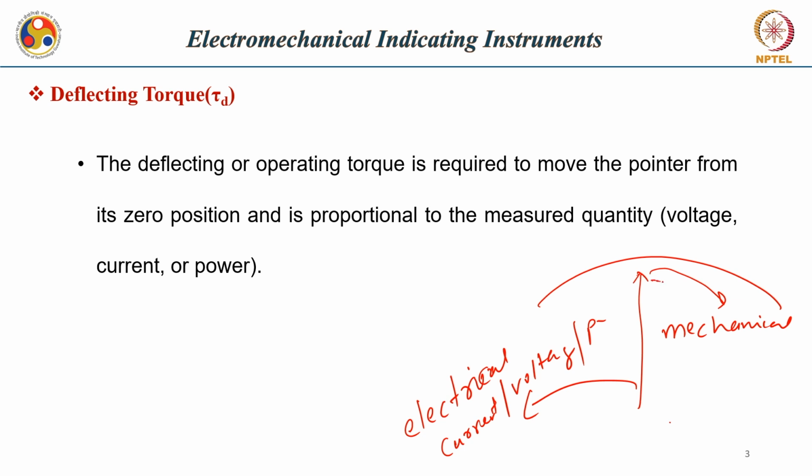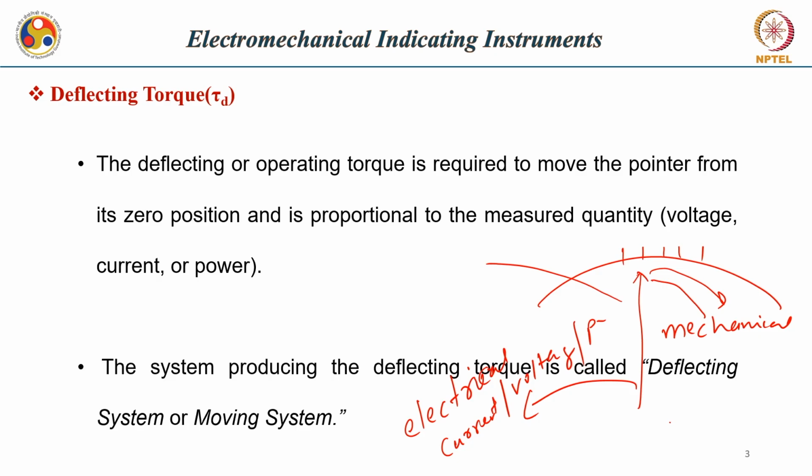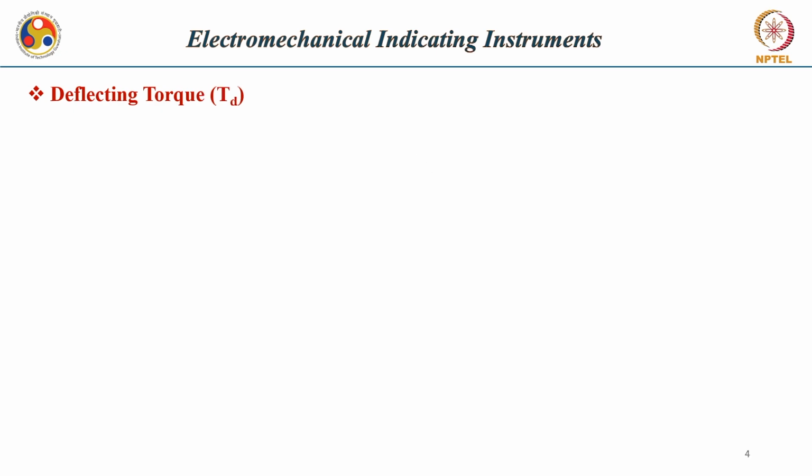This deflecting torque is very essential for any kind of reading. Because of this deflecting torque only you are able to see the readings on your scale. The system producing this deflecting torque is called the deflecting system, and it is also known as the moving system, because we are also calling this torque the operating torque.